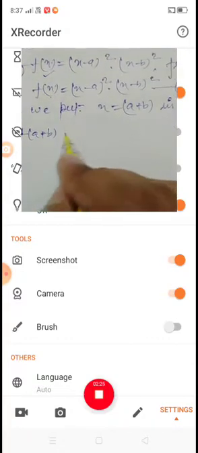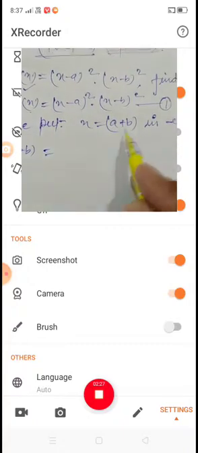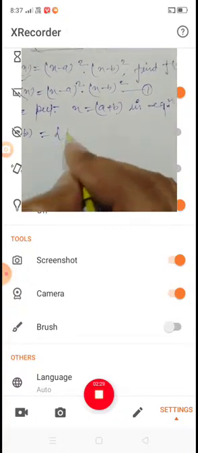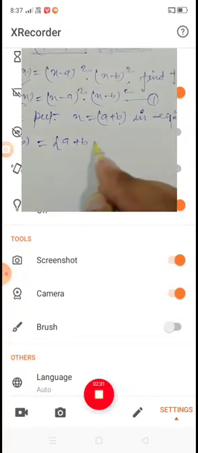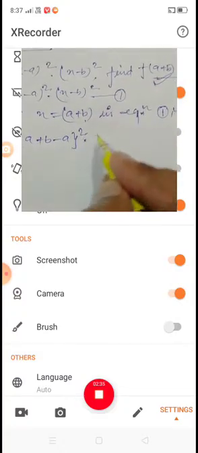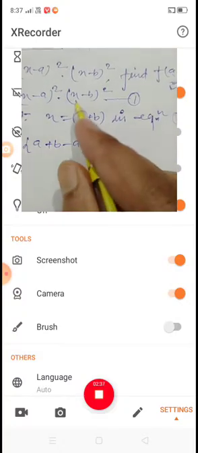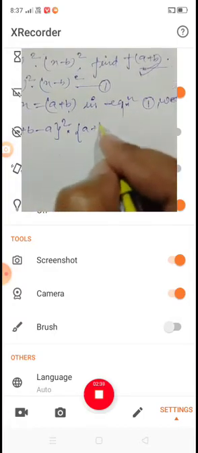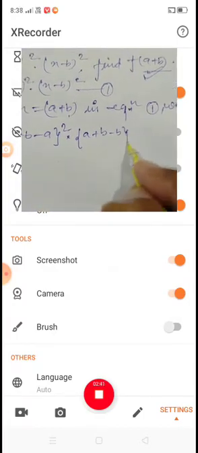We get f of a plus b is equal to, replacing x by a plus b, (a plus b minus a) whole square into (a plus b minus b) whole square.